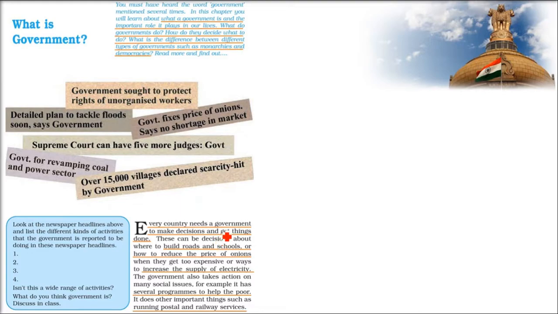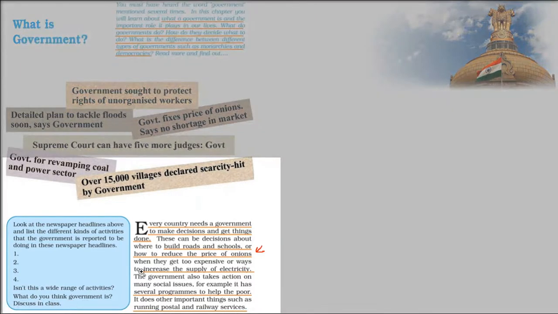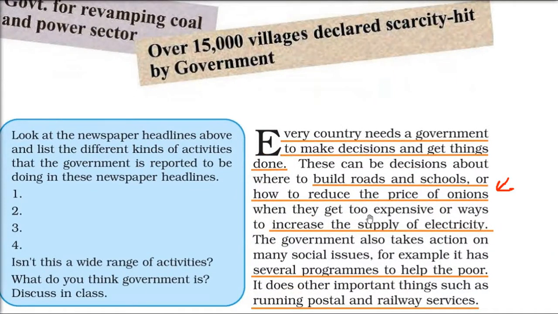And if you divide this country into different parts like districts and wards, you need to build roads and schools. Sometimes the onions become very expensive, and the electricity supply should be continuous to everyone.